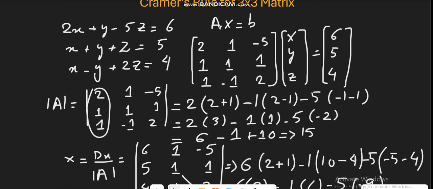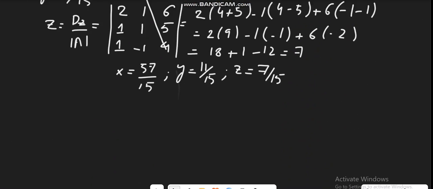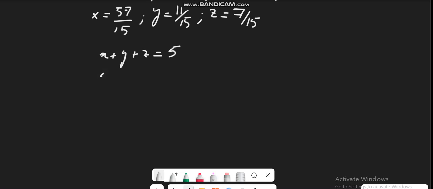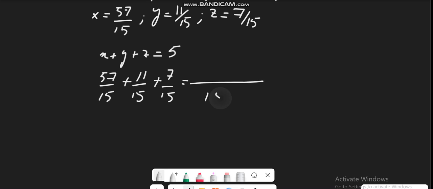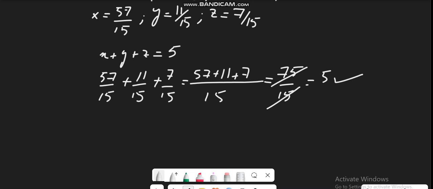So let's verify it. x plus y plus z should be equal to 5. So 57 over 15 plus 11 over 15, then plus 7 over 15. We will just take the LCM, so 57 plus 11 plus 7 is equal to 75 over 15, and you know that 75 divided by 15 is equal to 5. So the left hand side is equal to the right hand side. So this is our solution.